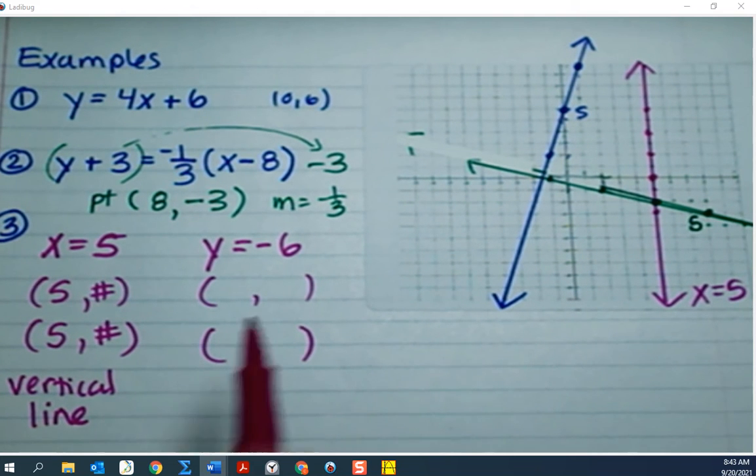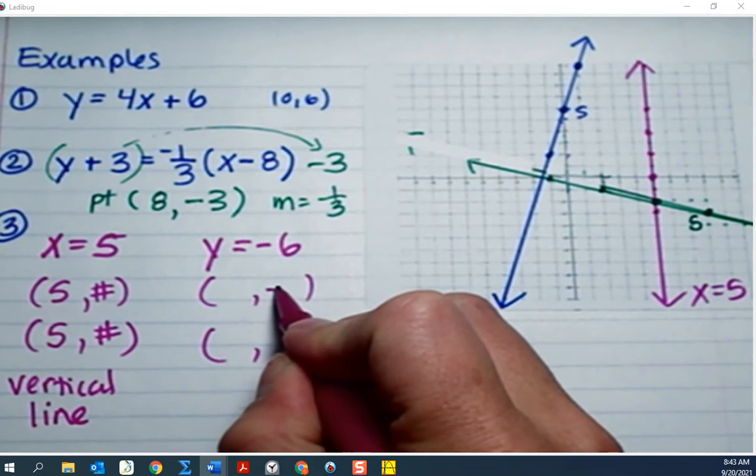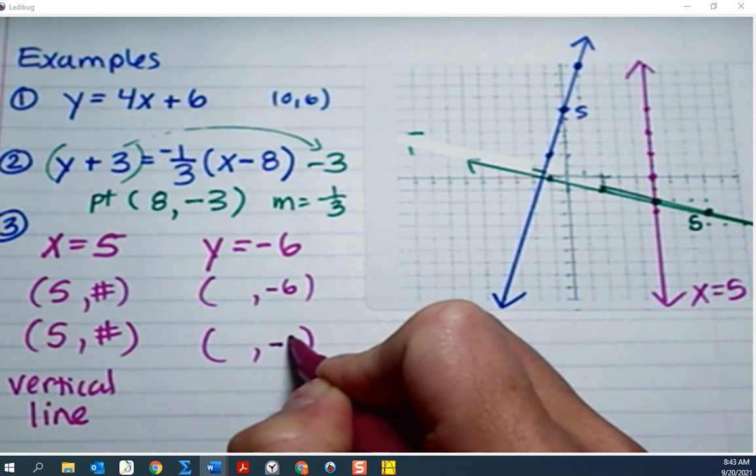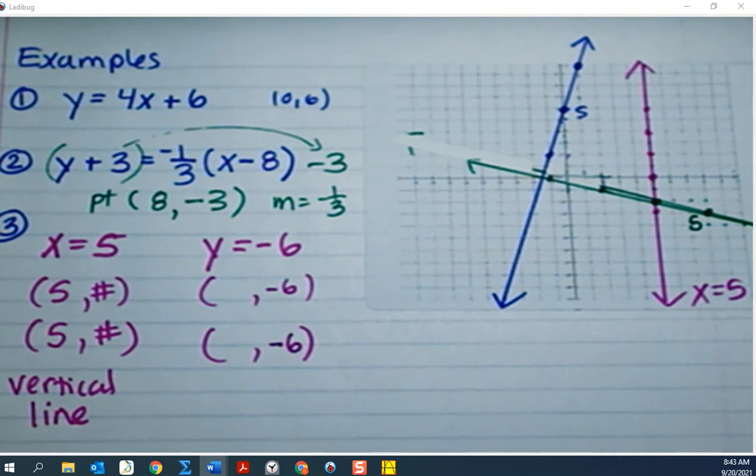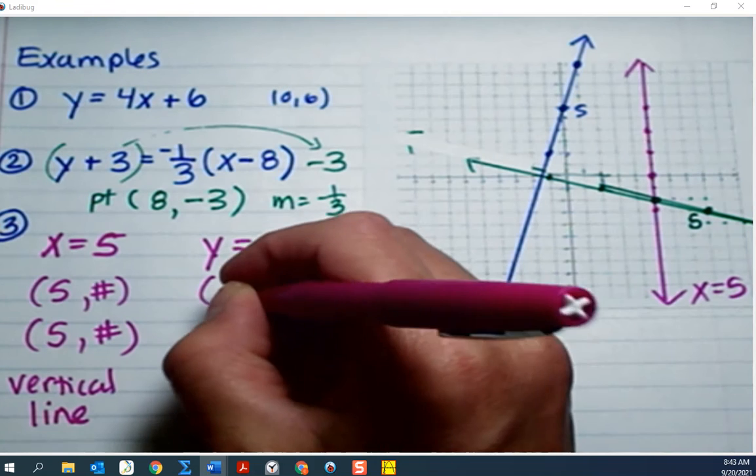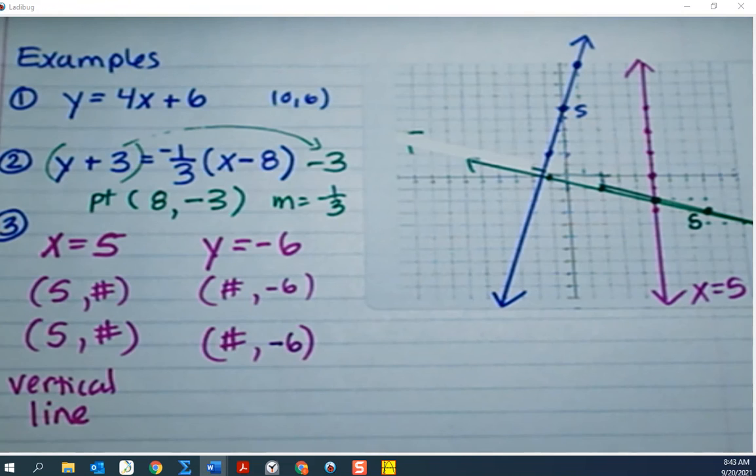Okay, so I'm going to do the same thing for y equals -6. The only thing I have here is the y-coordinate of -6. That's the only thing this equation is telling me. Y is always equal to -6. Doesn't matter what the x is.